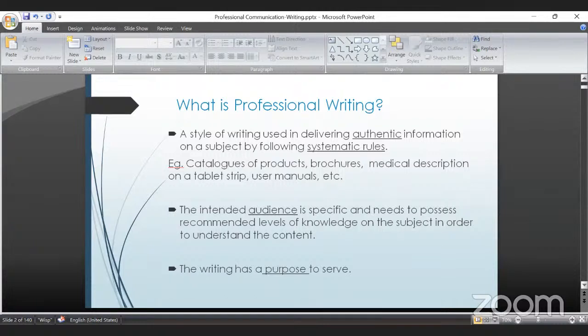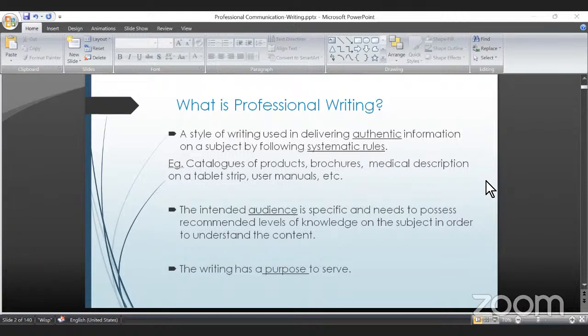So first is that. Use systematic rules. The systematic rules refers to the medium, tone, style, register, etc. that I just discussed with you, right? So that is what systematic rules mean in this scenario. Then the next thing that you see there.